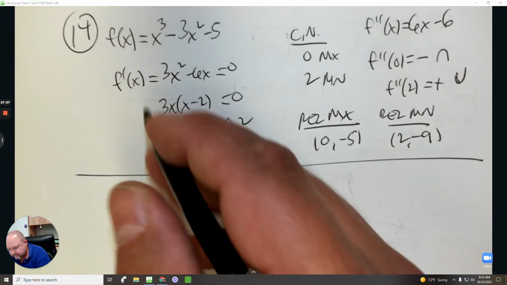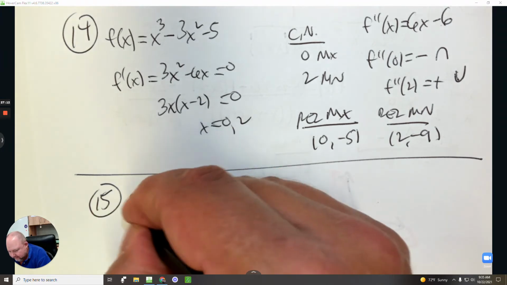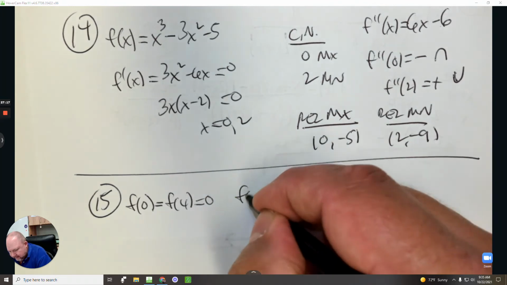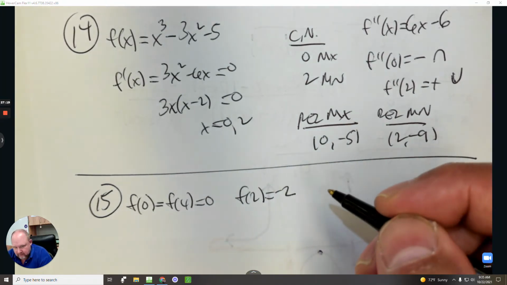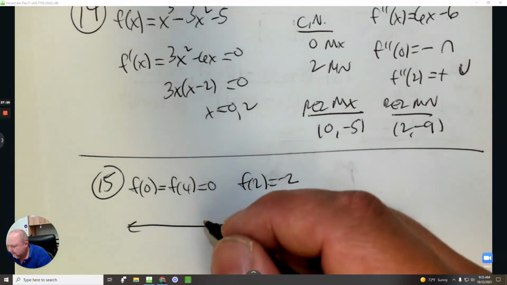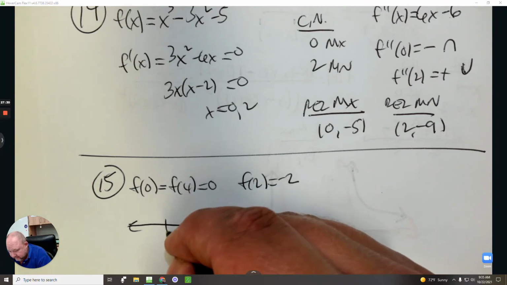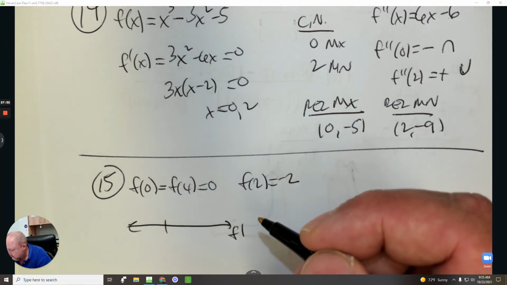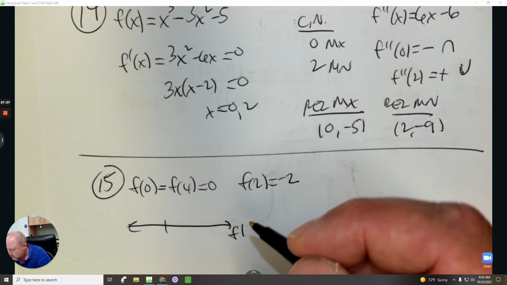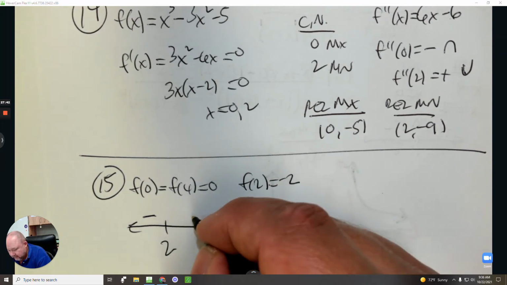Number 15. In number 15, use the following information to sketch a possible graph. So f of 0 equals 0, f of 4 equals 0, f of 2 equals negative 2. I'm just going to write it down. I'm going to do a number line for the first derivative. It says the derivative is negative when x is less than 2, and the derivative is positive when x is greater than 2.